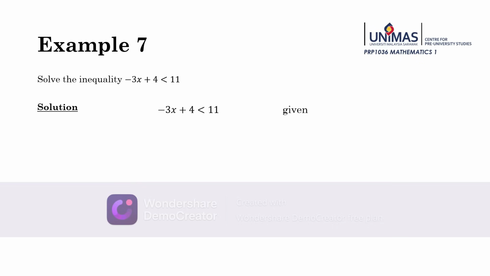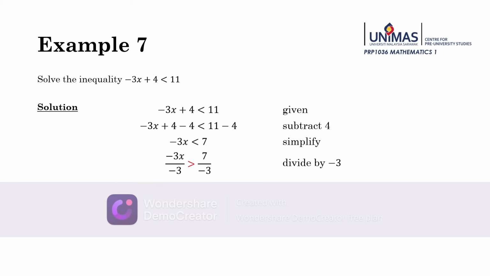Okay. So we want to neutralize the 4 at the left hand side. So we minus 4 on both sides. Then we manage to neutralize the value 4 at the left hand side. And then we divide everything by negative 3. So remember, for any multiplication and division with a negative value, the sign is changing.